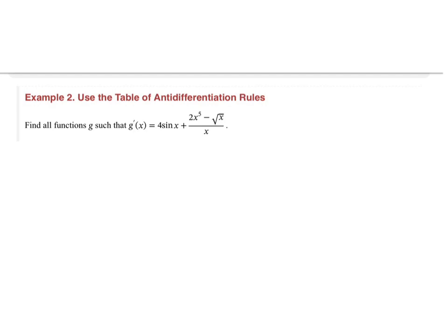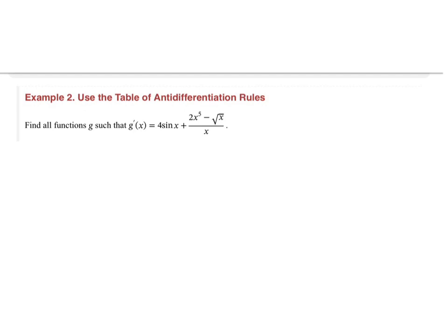So it says, find all functions g such that g prime is this business. So we're looking at the derivative, and we're trying to go backwards to g. Can y'all see that that's what's happening? What I want you to do right now is write down that g prime equation. It looks like a quotient rule.